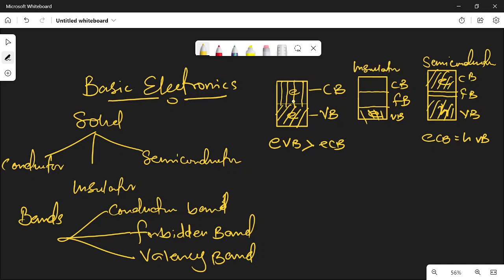And any material that has more electrons in its valency band than it does in its conduction band and it has a very shrunk forbidden band, such material is called a conductor. So I want to believe now that everybody understands how we categorize material in physics, especially electronics. We have conductor, we have insulator, we have semiconductor.